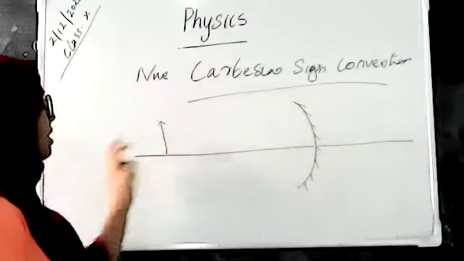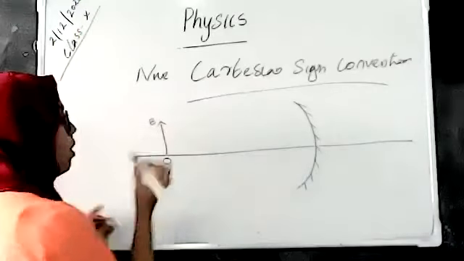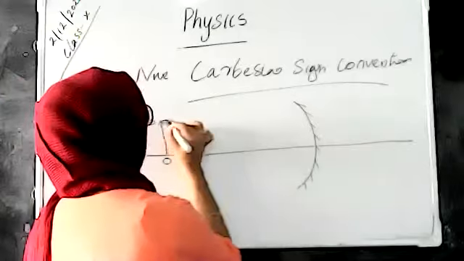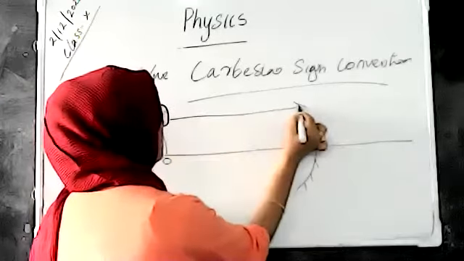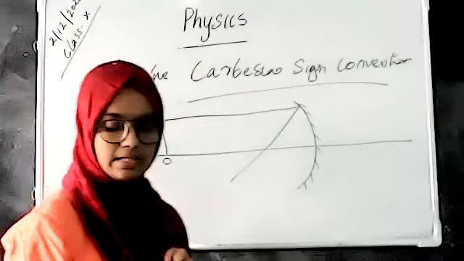Using a concave mirror, here we are using an object with OB as the height, and here there are two rays of light.